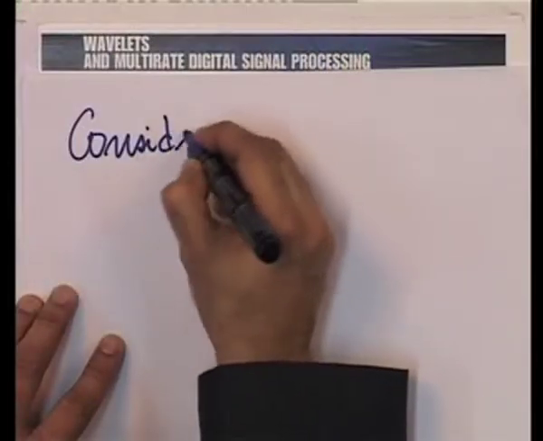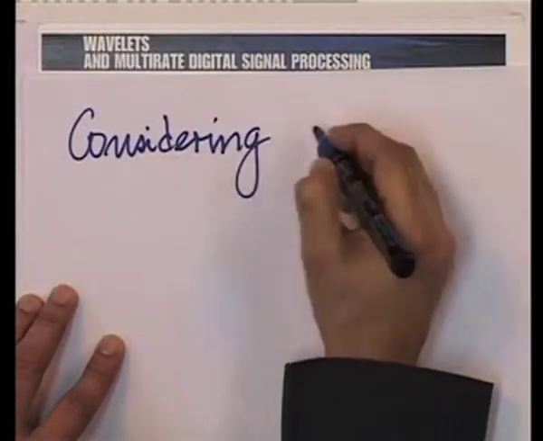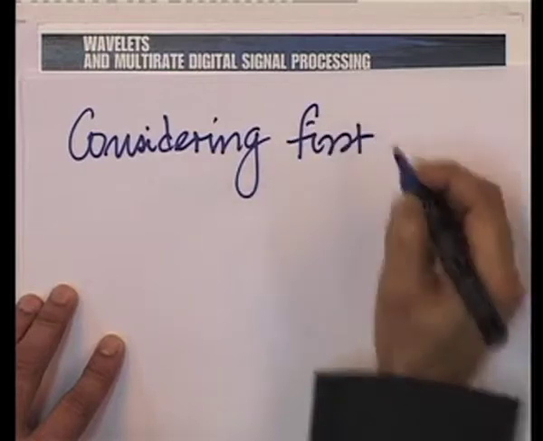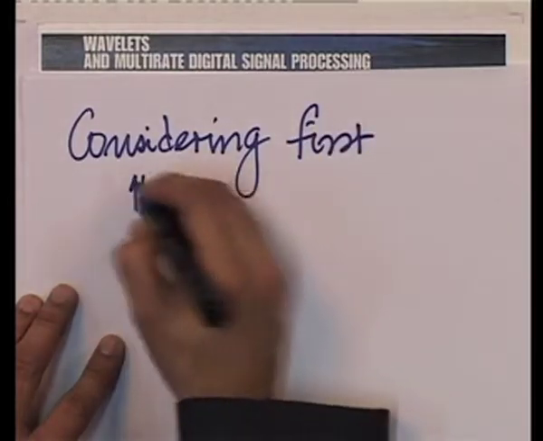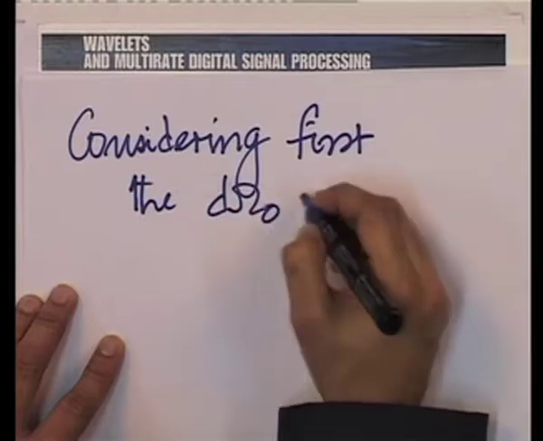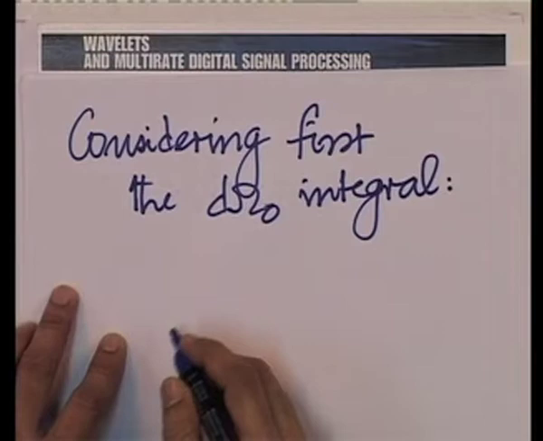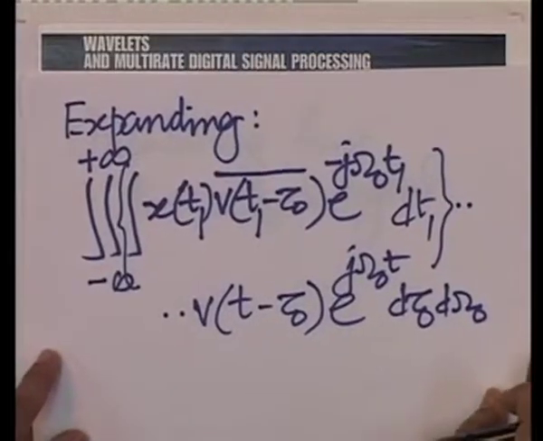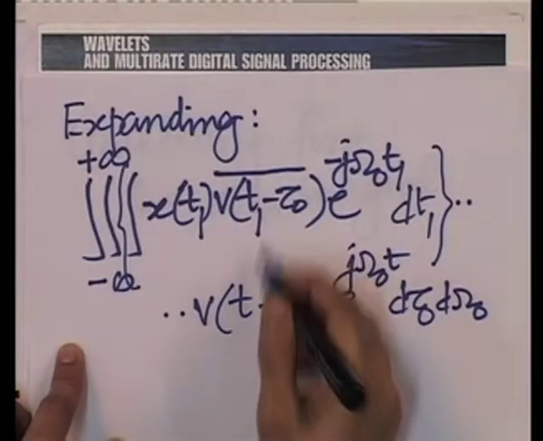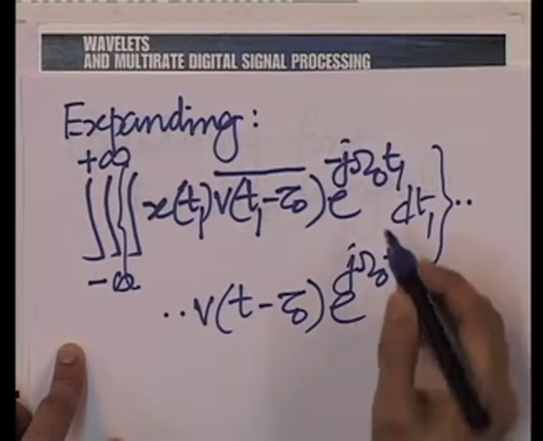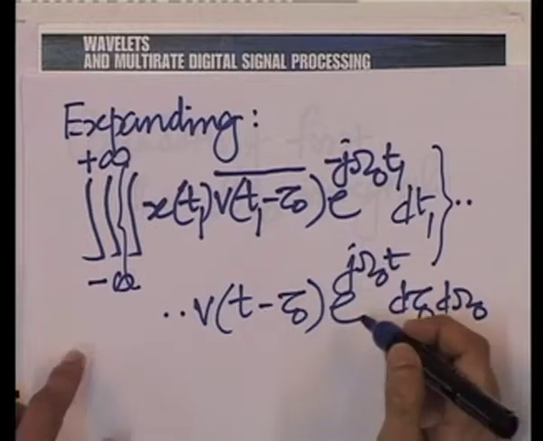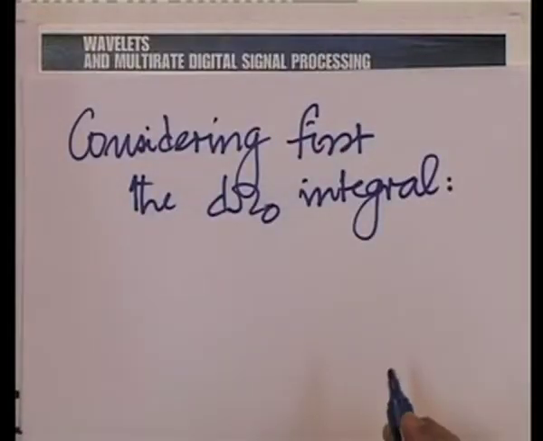Considering first the d omega naught integral. Now, let me put before you again the terms that depend on capital omega naught. So, none of these terms are dependent on capital omega naught, only these two do. So, let us isolate those two terms and dispense of that integral.